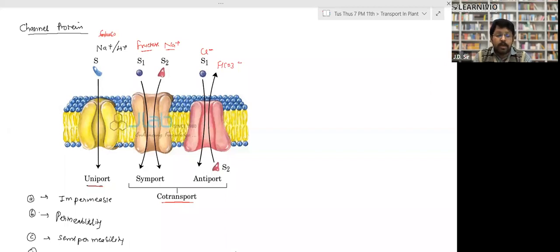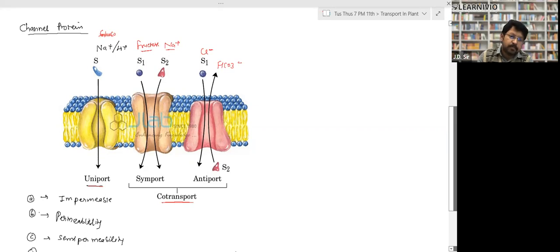Those channel proteins which transport two substances simultaneously are called co-transport. Again, they can be of two types. If the channel protein is transporting both substances in the same direction at one time, this is called symport. If the channel protein is transporting two substances in opposite directions, this is called antiport. So channel protein can be uniport, symport, or antiport.